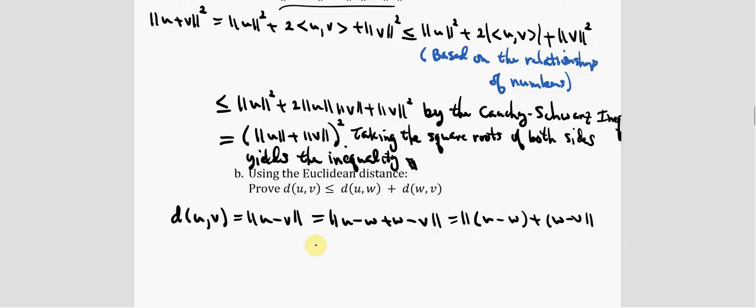And so this statement here is less than or equal to the norm of u minus w plus the norm of w minus v. And this is by the triangle inequality for norms.